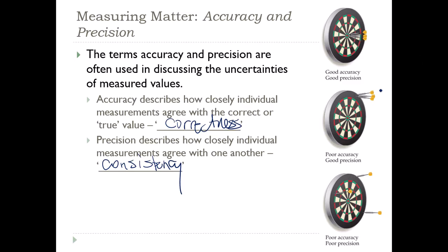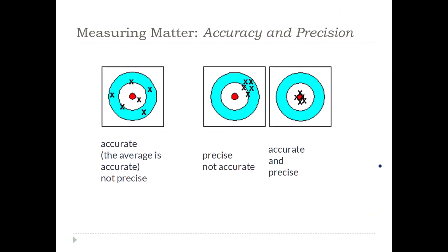Or hitting this spot every time would be precise, but since you didn't hit the true or intended value, you're precise but not accurate. And if you don't hit the same spot every time or hit the right spot, then you're neither accurate nor precise. So here is an example of precision but not accuracy.